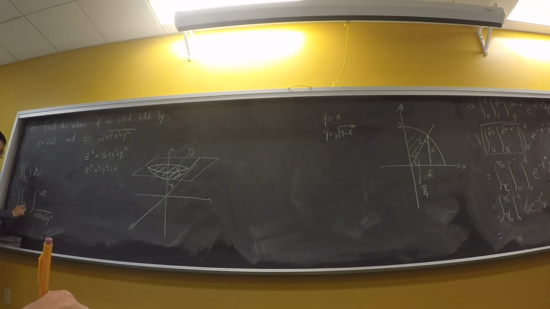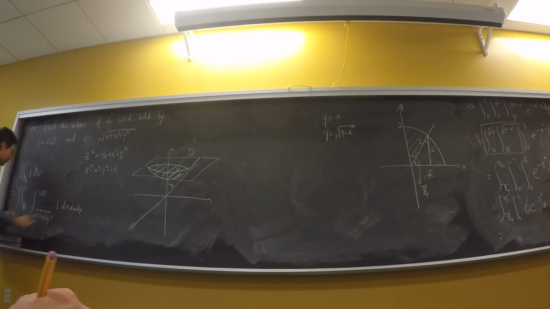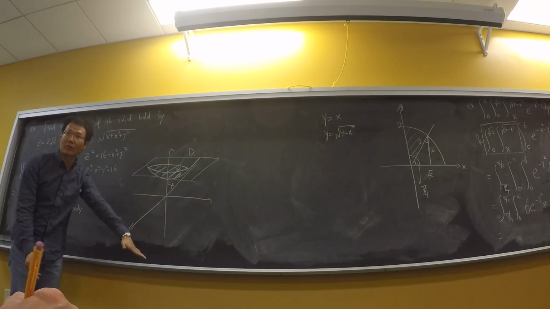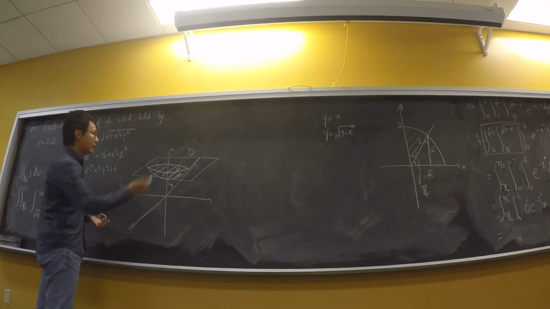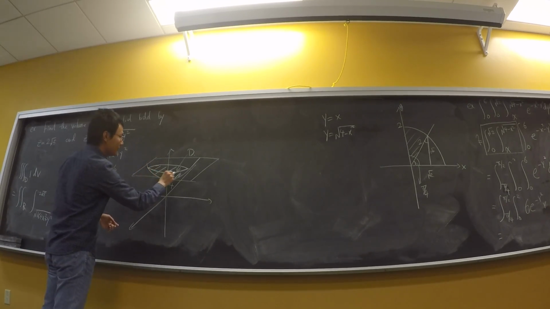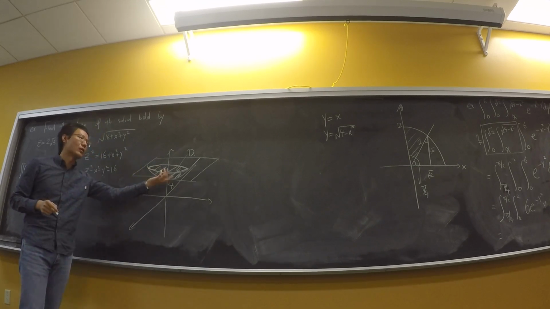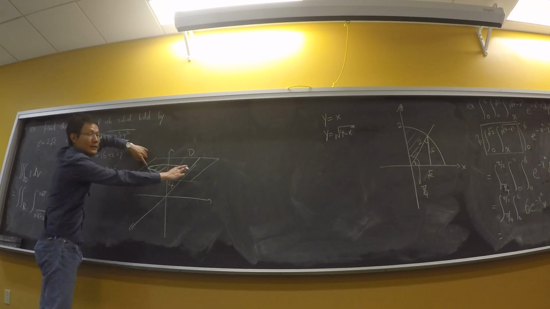And then I need to identify the region R as a polar region. And this R is exactly the projection of this solid back onto the xy plane. Or, if you will, it's really this disk, the intersection between the interior of the hyperboloid and the plane.